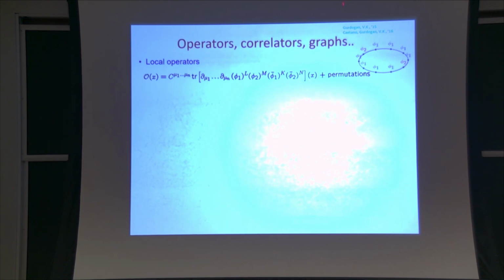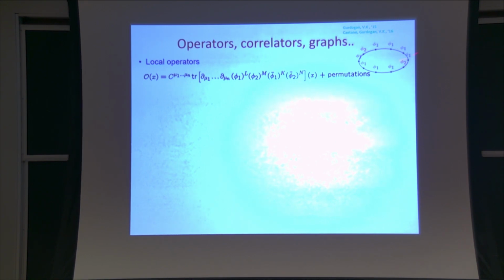Now I speak about local operators and the computation of anomalous dimensions. So let's take just a mixture of phi1 and phi2 without derivatives and phi bars. Actually, adding phi bars creates some mess because suddenly some operators become protected, some not, and we discussed it for quite a long time with Joao, and there is no full picture for this kind of operators.